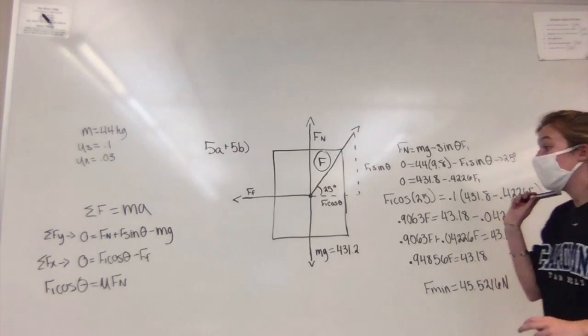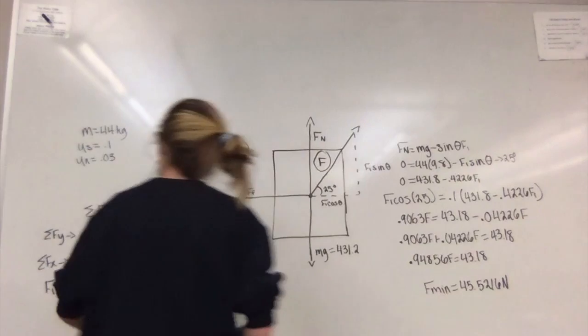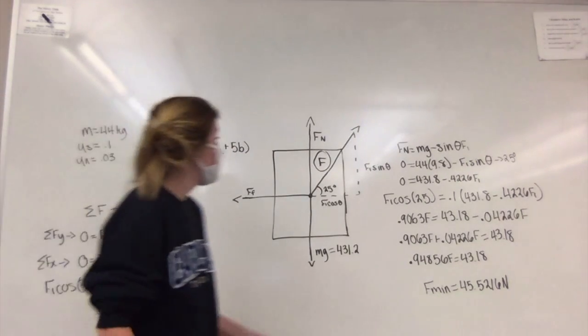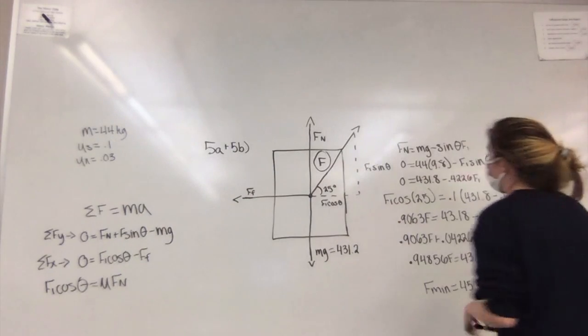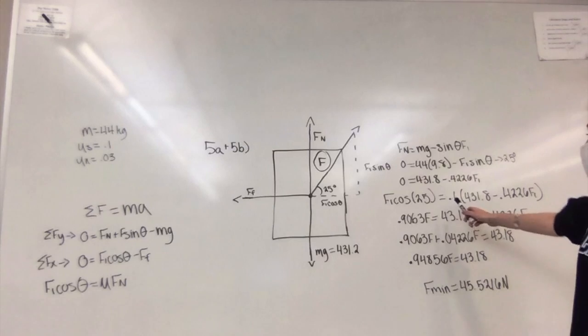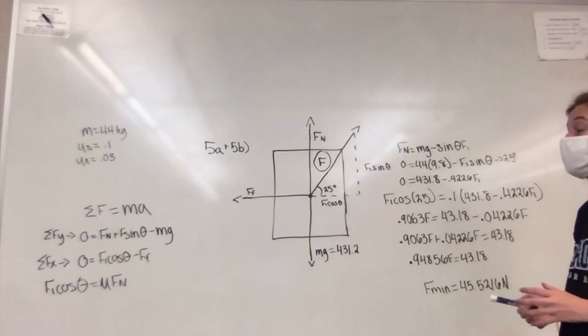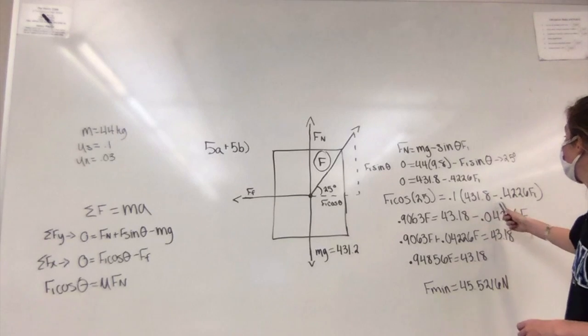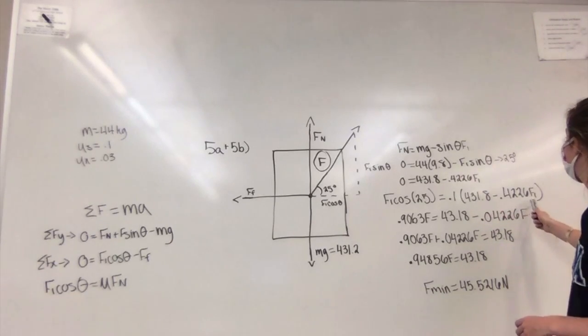And so this is where my F1 cosine of theta equals mu times force normal comes in. I set the equation up to equal F1 cosine of 25 equals 0.1, which is my coefficient for static friction, times 431.8 minus 0.4226 F1.